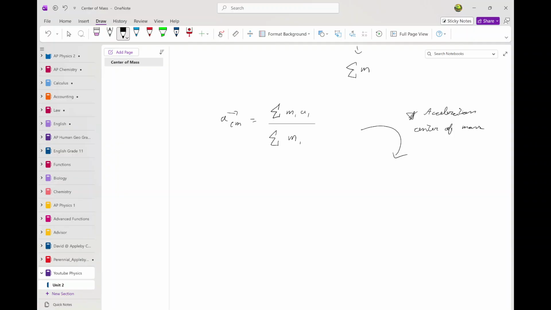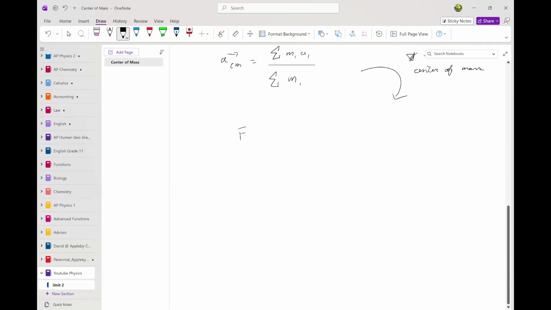Let's keep going. To derive this, what does F equal? F equals MA. So what does the F net equal? Well, m1 times a1, and so on. Maybe you can already see where I'm going with this. Try pausing the video at any time and do it on your own.